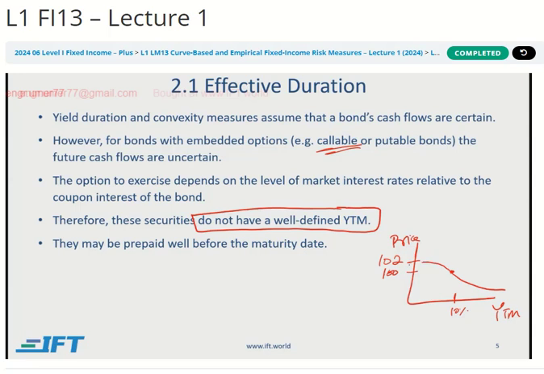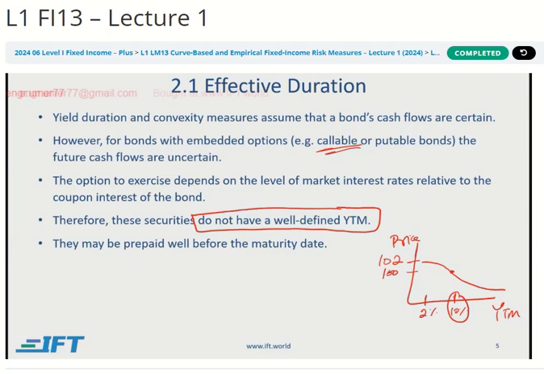And what we're saying over here is, let's say the interest rate starts going down to 2%. What will happen is that this company, which initially agreed to pay a coupon of 10%, is not going to want to pay a coupon of 10% anymore, because they'll say, hey, the market interest rate has gone to 2%, right? The interest rates have gone down. The yield to maturity on this bond is going down.